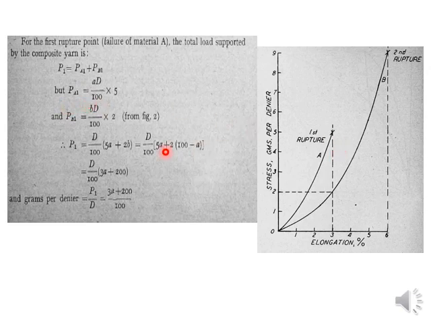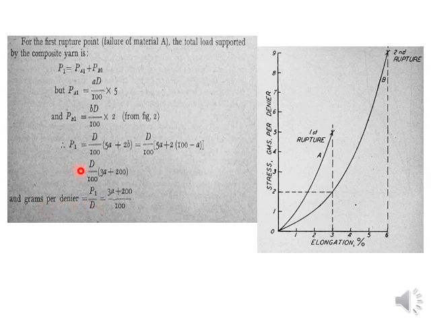Here we calculated the load taken up by the fiber A and by the fiber B, then we added the loads, and then again we convert the load into stress, gram per denier, or we can say the tenacity or strength of the composite yarn.